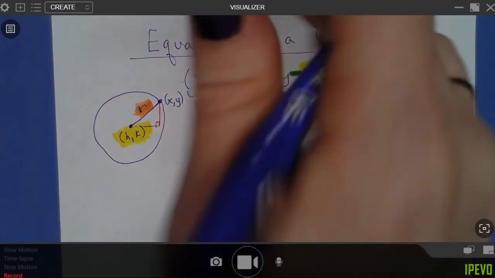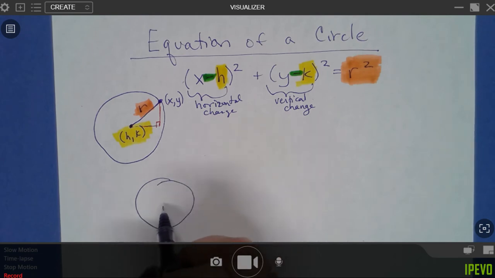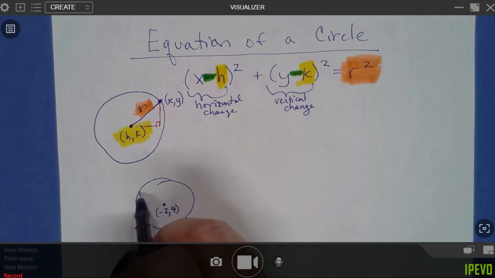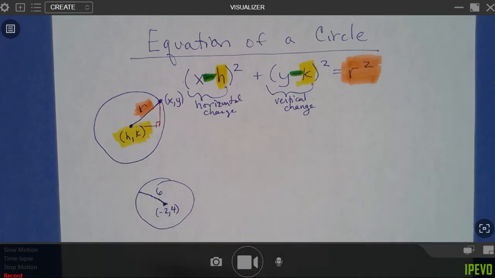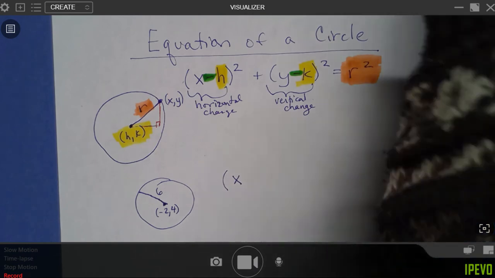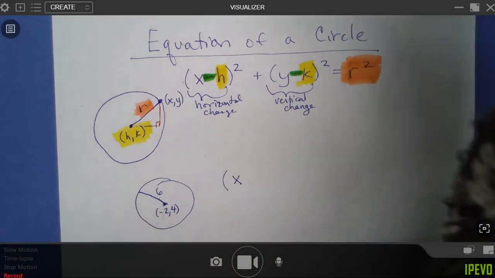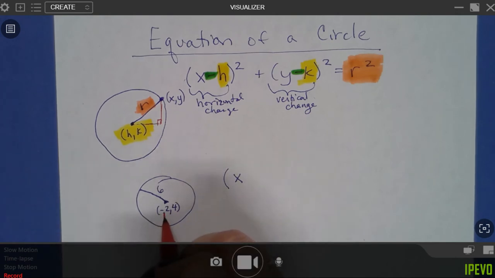Now, let's go to an example. So if we have a circle with the center of -2, 4, and a radius of, let's say, 6, let's write the equation of the circle. So x, don't forget this is our h, and if it helps you, I would label the center h and k.